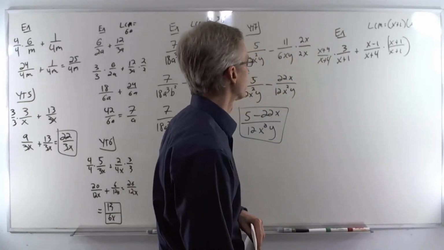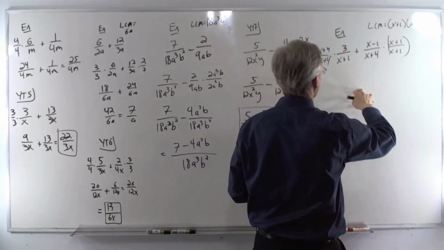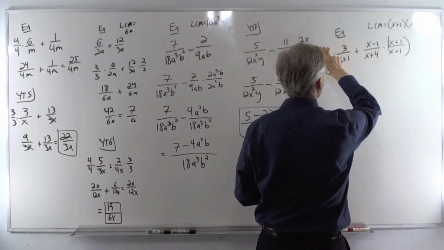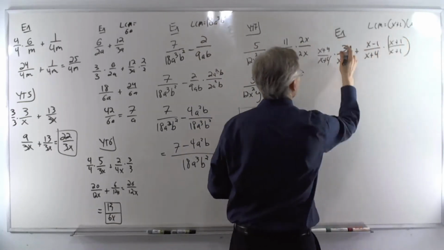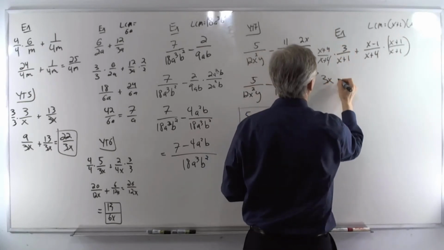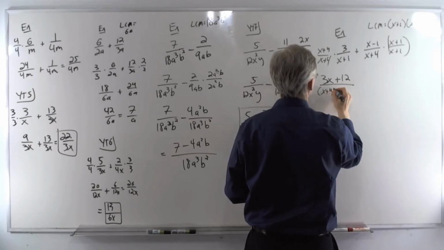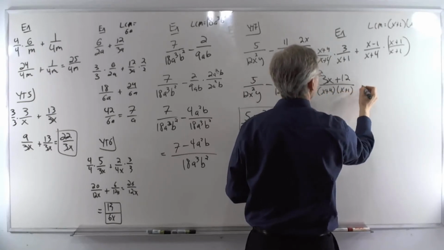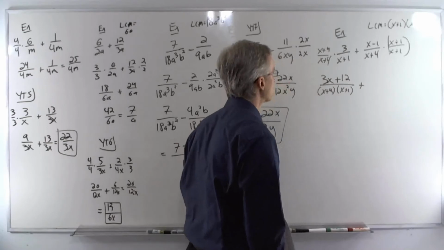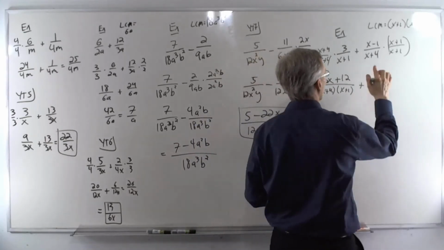All right, now, in order to combine up top, we're going to need to multiply all this out. We need to distribute here, and we need to FOIL here. So I'll distribute the 3 in. We get 3x plus 12 over x plus 4, x plus 1, plus, and on this side, we're going to FOIL.